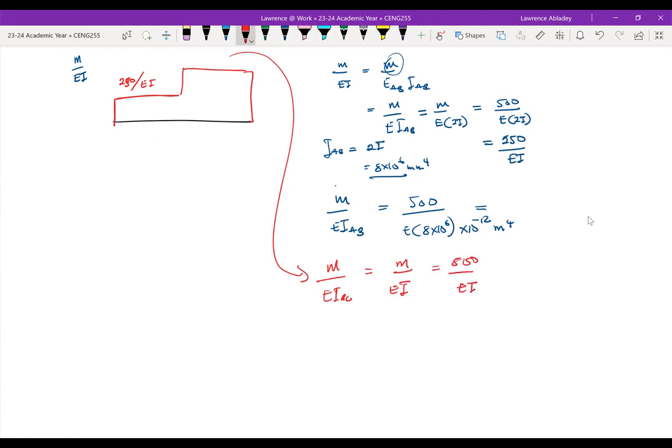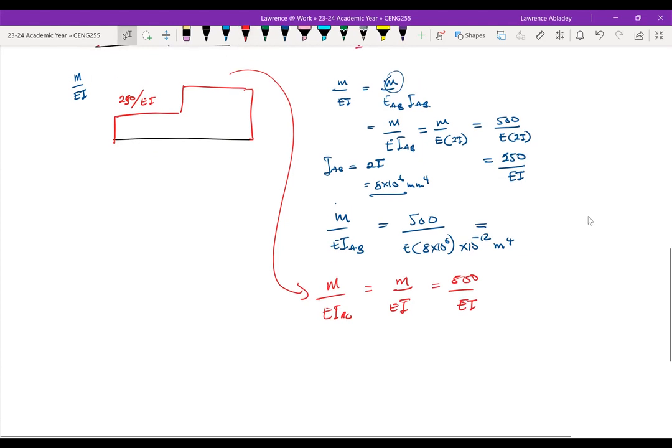So we can see that there is no change in the M over EI diagram here. We'd end up with this kind of shape, where there's a change in the cross section. Once we have the shape, then it's easier to work with it.